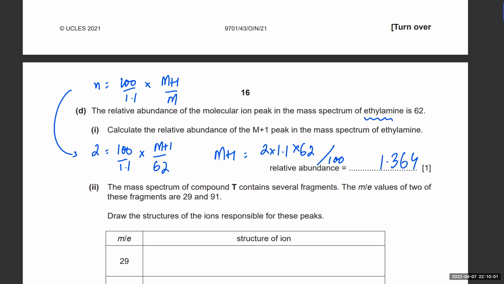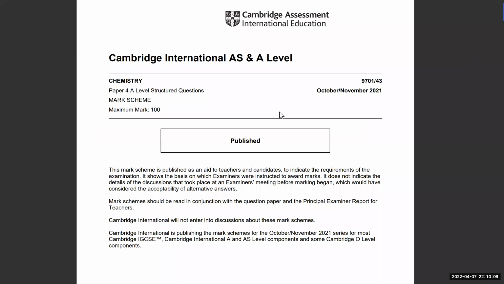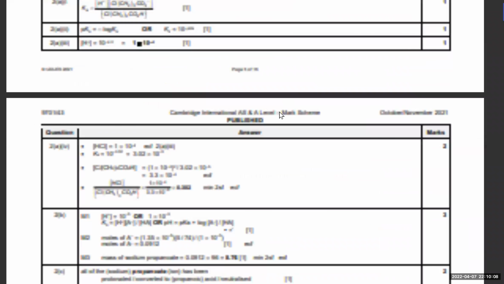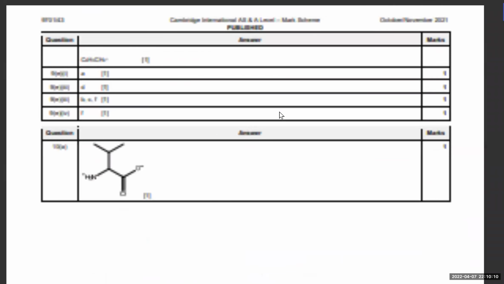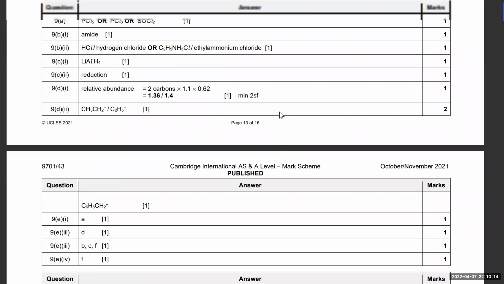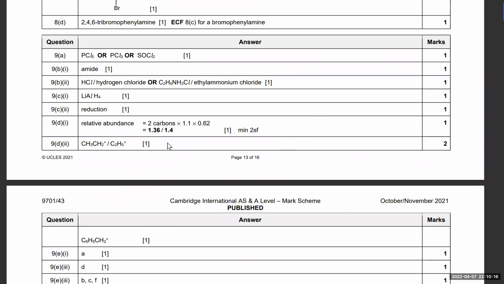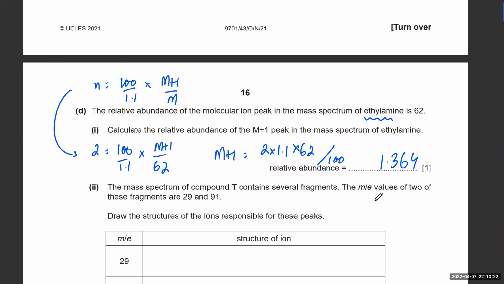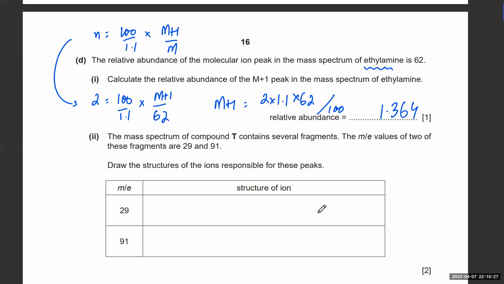I'm just going to double check this against the marking scheme. We just had to use the formula in reverse, and it comes out to be 1.36. That's exactly what we got, 1.364 rounded off to 1.36.